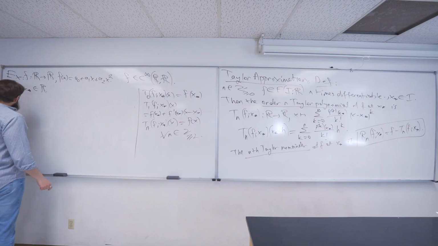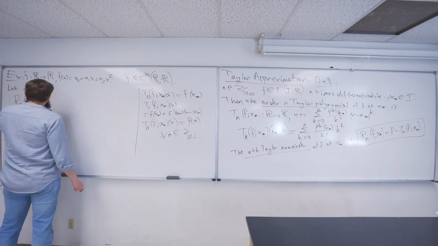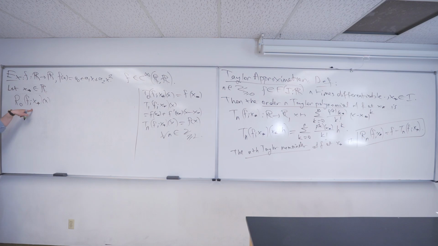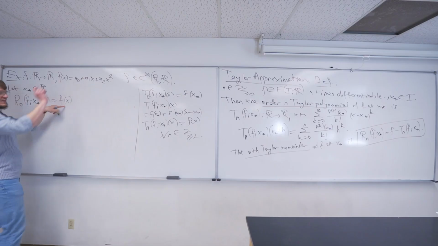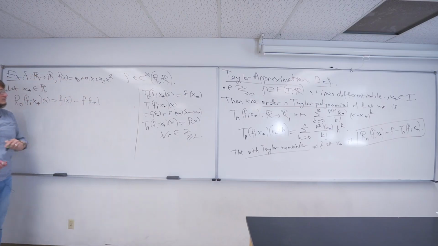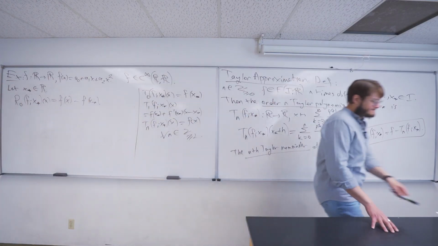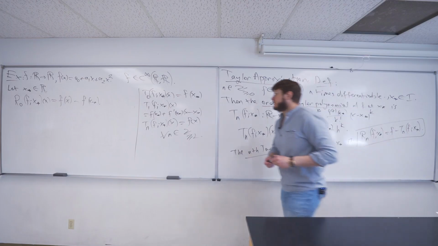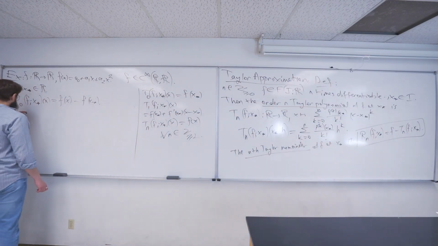Right, so R sub 0, the 0th order remainder, is f minus T0. What is R sub 1?